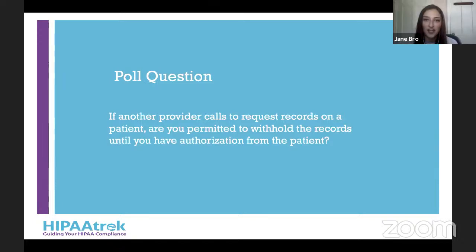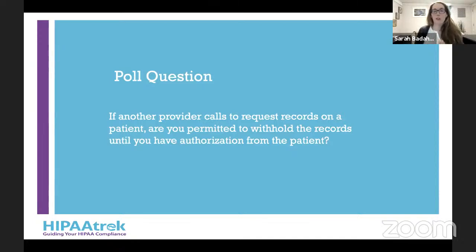All right, so we have 22% said yes, 56% said no, and 22% said it depends. So the no's and it depends are right.